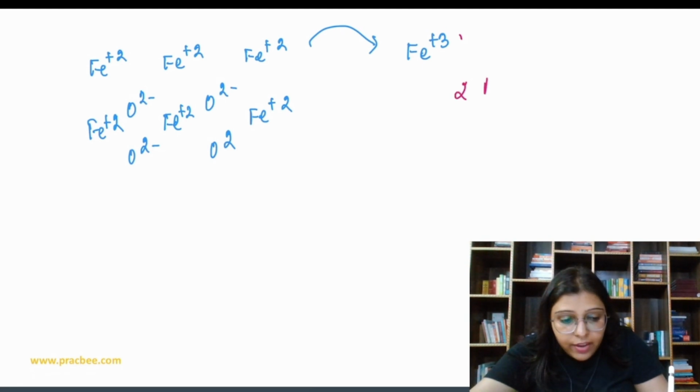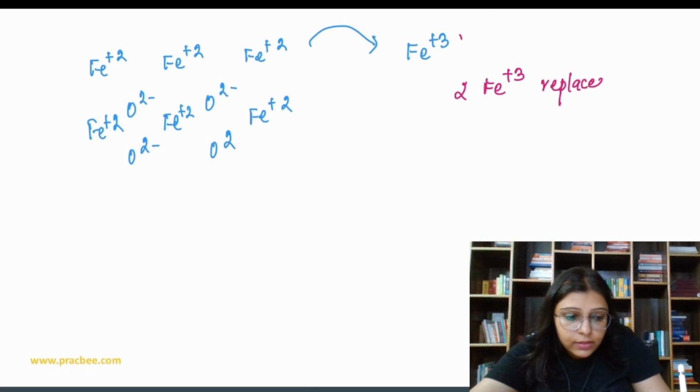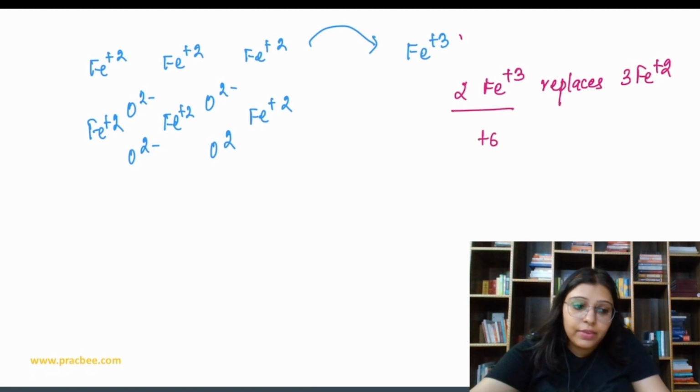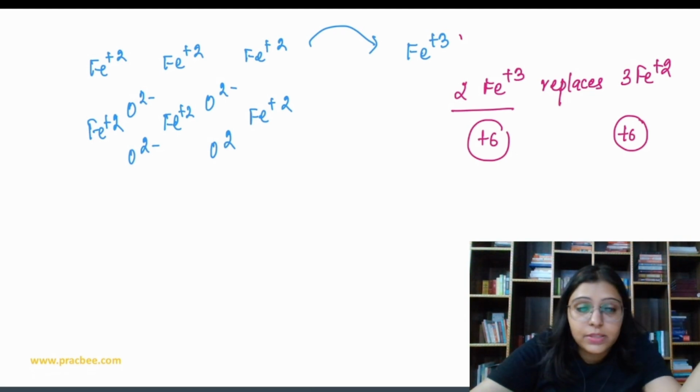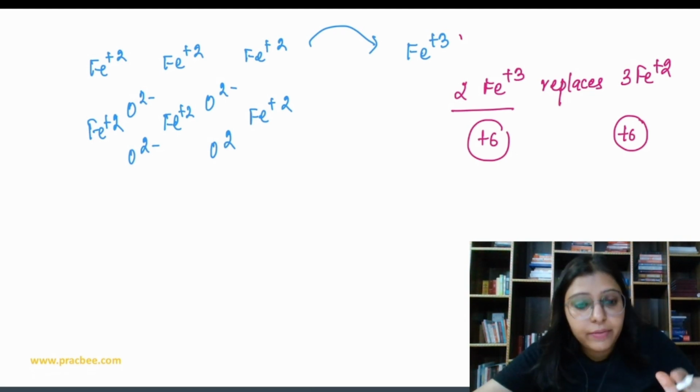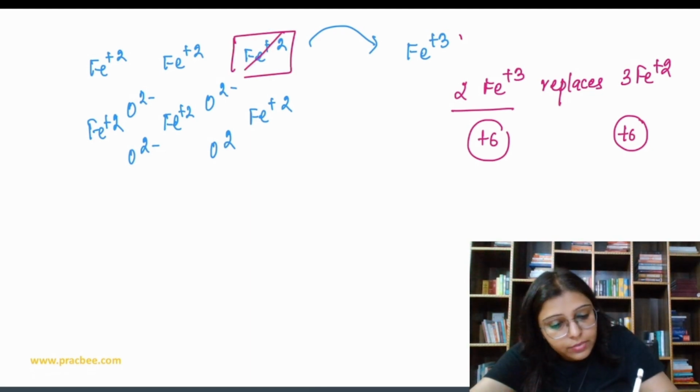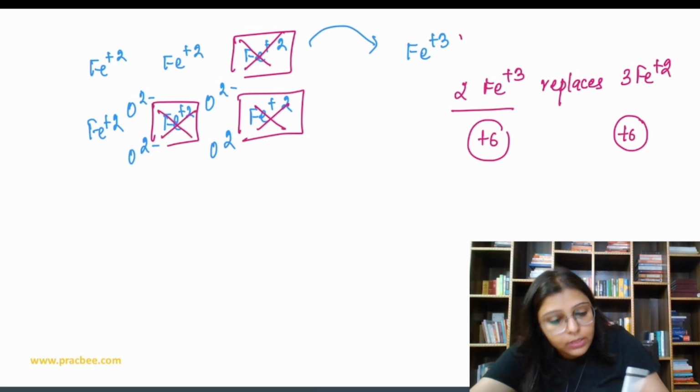2 Fe3+ replaces 3 Fe2+, right or wrong? Because 2 Fe3+ means plus 6, replaces 3 Fe2+ means plus 6. So it means 2 Fe3+ replaces 3 Fe2+. It means now we do not have this, do not have this, do not have this.